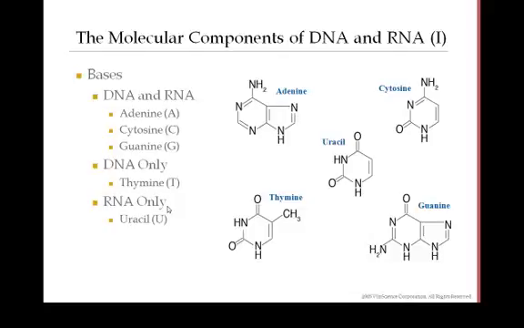And so the different side groups attached to the amines differ among the bases. In DNA we will always see the nucleotides A, C, G, and T, whereas in RNA we'll only see the nucleotides A, C, G, and U. And so anytime there's a T in the DNA, it's replaced with a U in the RNA.